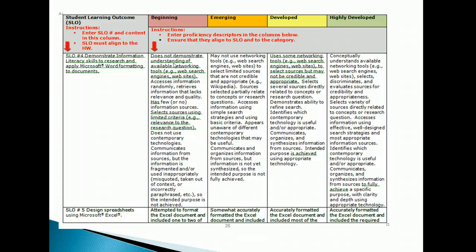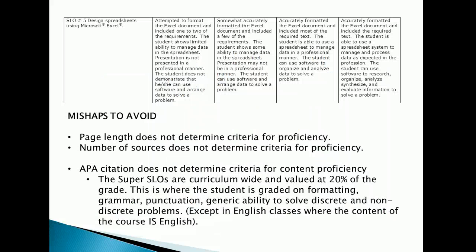But when we want to talk about them using the Microsoft Excel, we've developed a new SLO 5, and that one is here. So here we actually speak to they accurately formatted that Excel document and included the required text. So that would be all of the required text. Here, they included most of the required text.